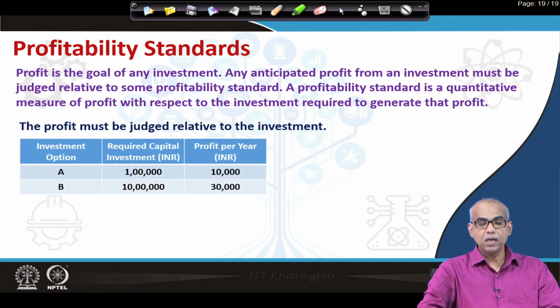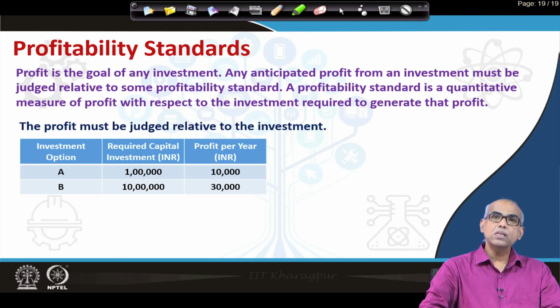The profit must be judged relative to the investment. What you see in the table is two investment options A and B. The required capital investment for option A is 1 lakh rupees and that for B is 10 lakh rupees. The profit per year for option A is 10,000 rupees and for option B is 30,000 rupees.